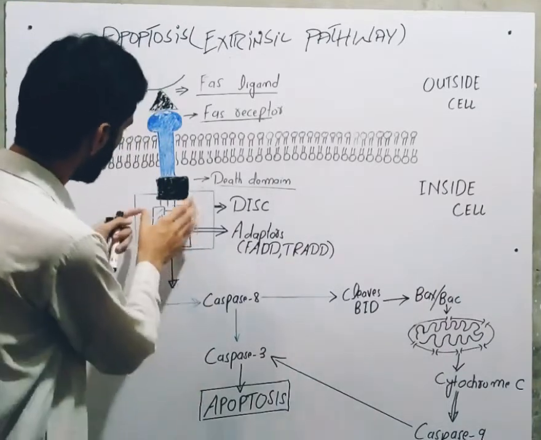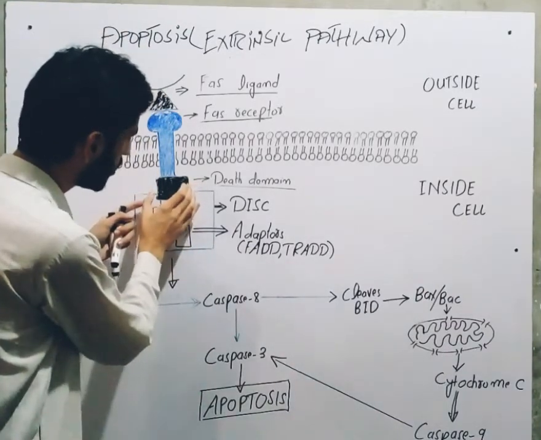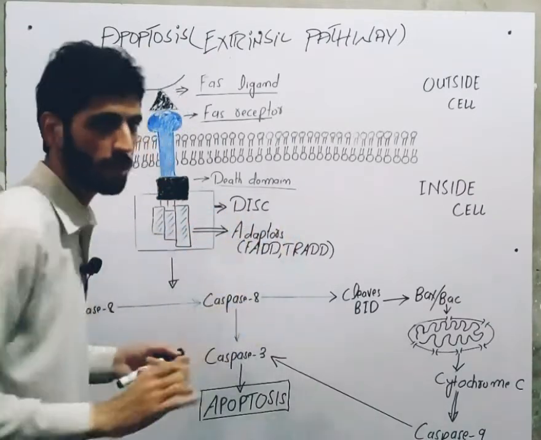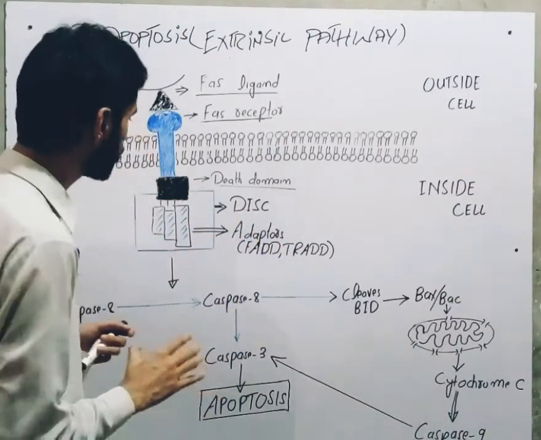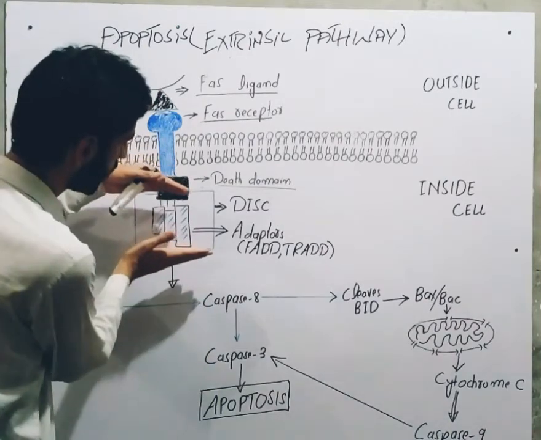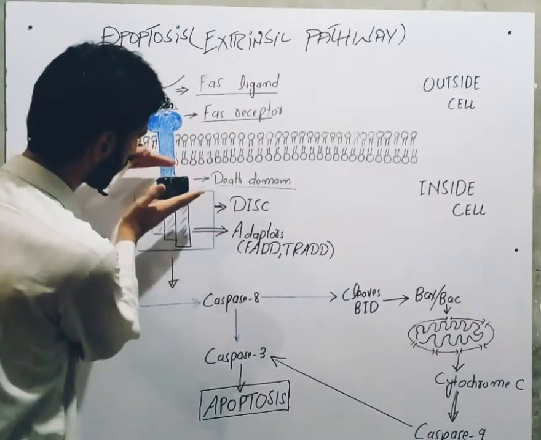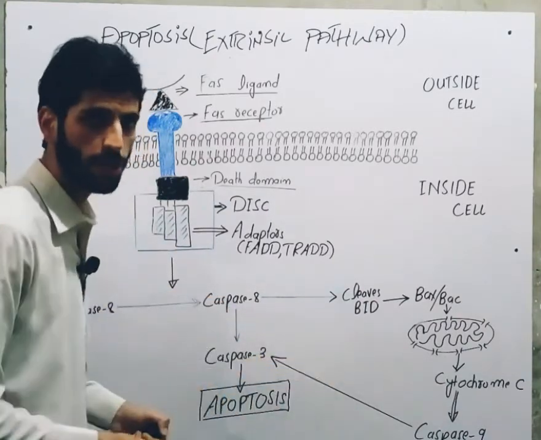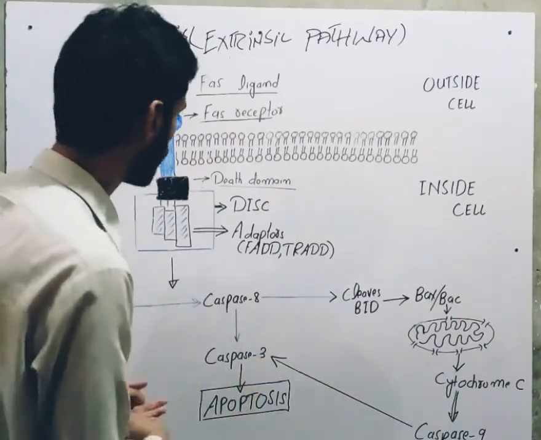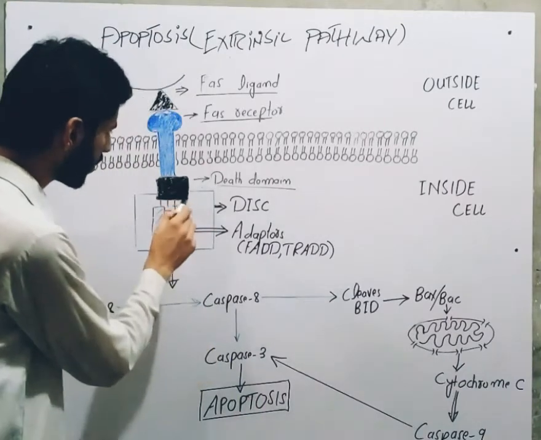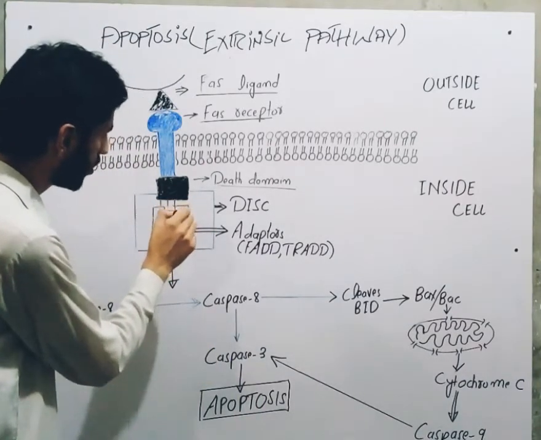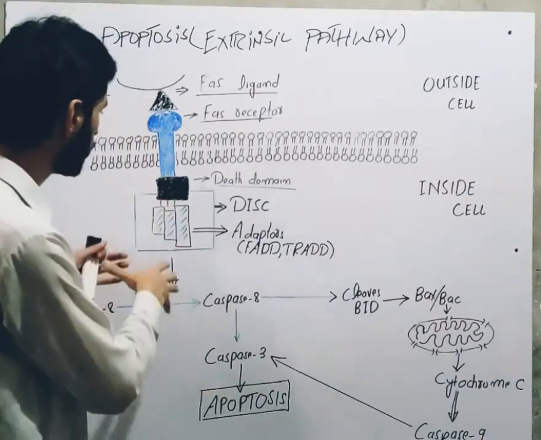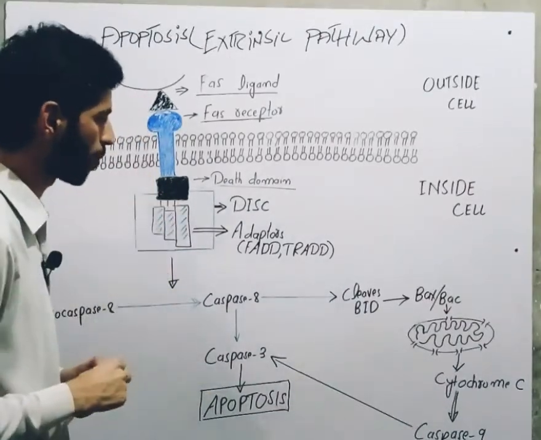So this death domain binds or activates molecules called adapters. Adapters are a bridge between this receptor and the other pathway inside the cell which occurs for apoptosis.